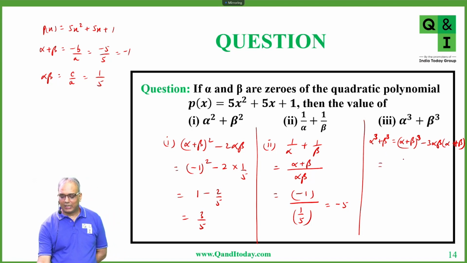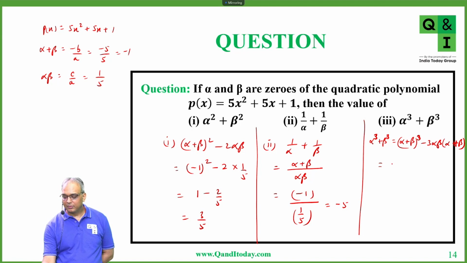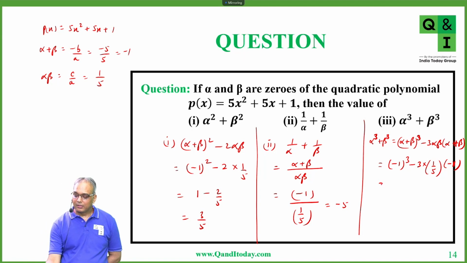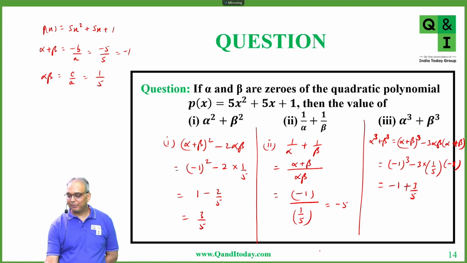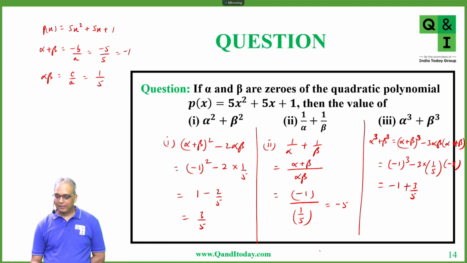So this is alpha plus beta whole cube, minus 1 whole cube, minus 3 times alpha beta, that is 1 by 5, alpha plus beta again is minus 1. So this will be negative of 1 minus 3 by 5 minus minus, plus 3 by 5. Right?